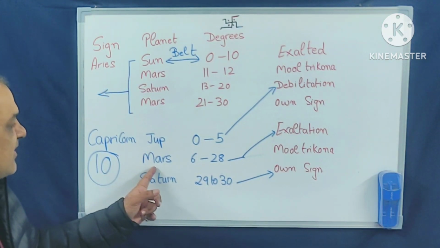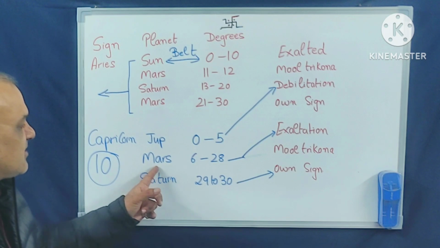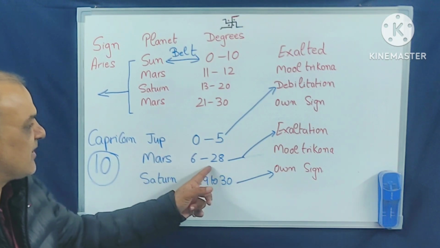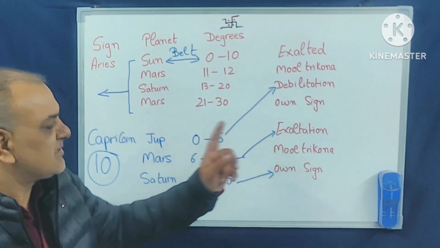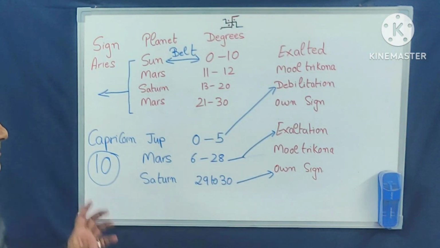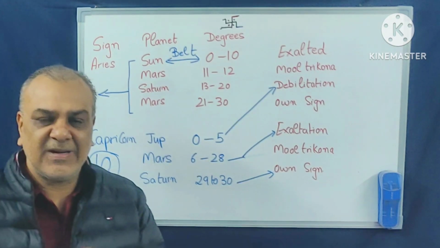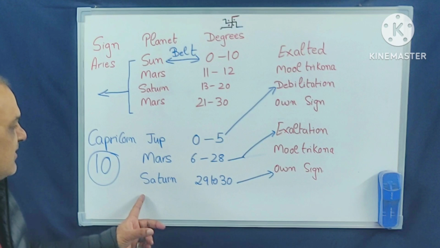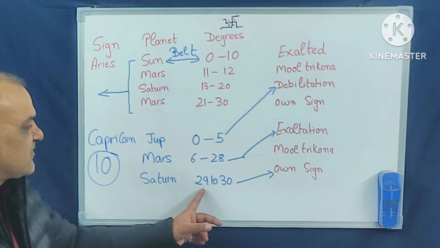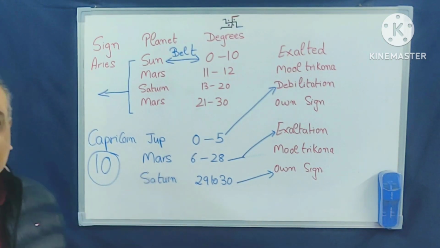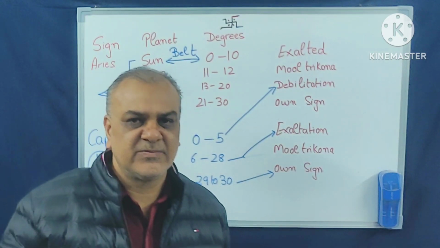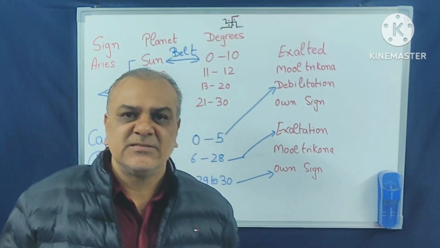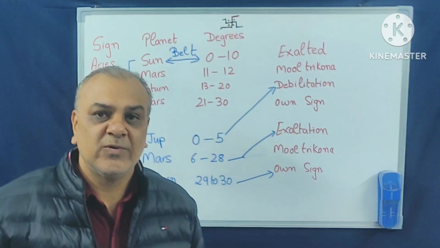But in the same Capricorn sign, when Mars is placed here between 6 to 28, then it is the exaltation belt of Mars. But in the same sign Capricorn, if Saturn is placed at the last degrees like 29 or something, then it is considered to be placed in its own sign.